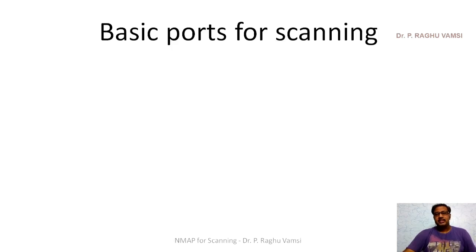Network Mapper is a very popular tool to perform various network scanning methods, including searching for an IP address and getting the information of an IP address and a range of IP addresses, and knowing the information about the ports and the operating system, and many more varieties that we can use with the help of NMAP. So this NMAP is used for both basic and advanced scanning techniques.